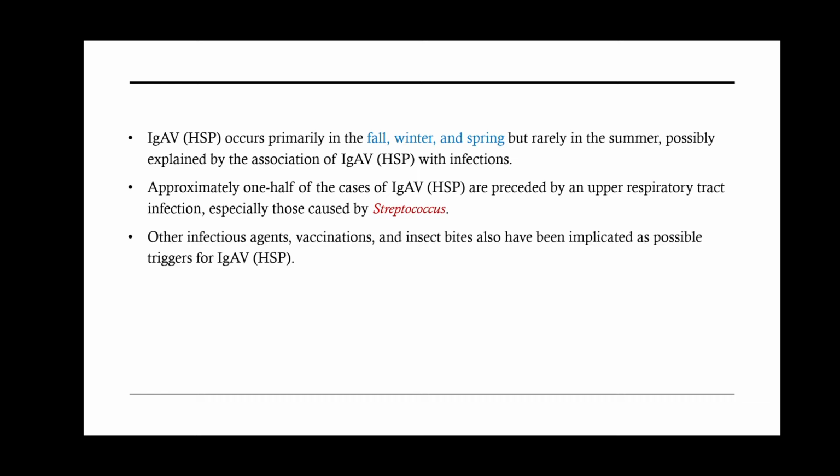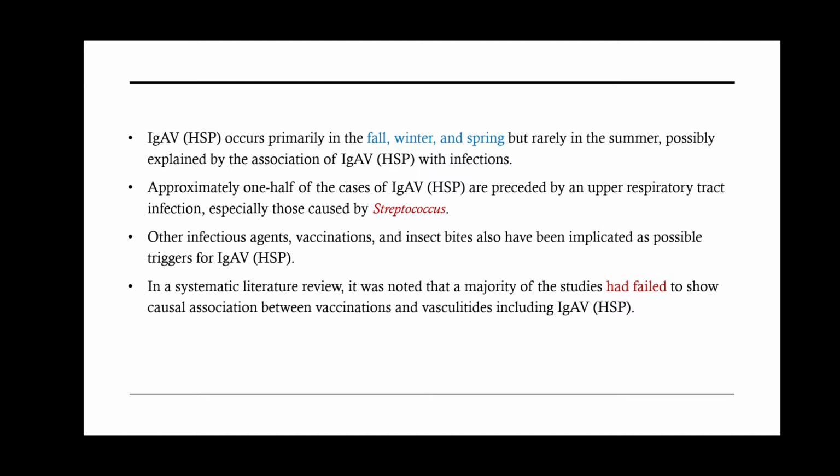Other infectious agents, vaccinations, and insect bites have been implicated as possible triggers for IgAV. In a systematic literature review, it was noted that a majority of the studies had failed to show causal association between vaccinations and vasculitis, including IgA vasculitis or Henoch Schonlein Purpura.